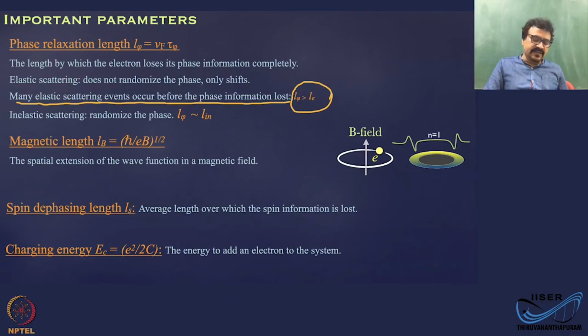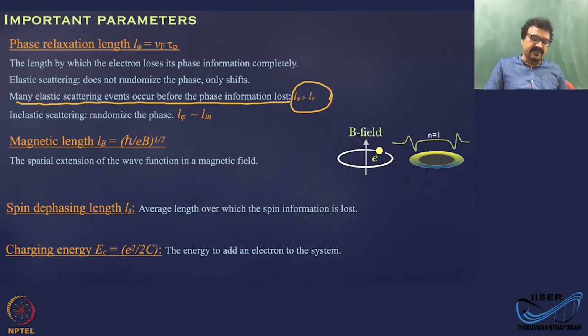You can say that magnetic length is very similar to the cyclotron orbital extension, the spatial extension in the presence of a magnetic field. So the wave function gets a spatial extension, or spread, when you apply a magnetic field.